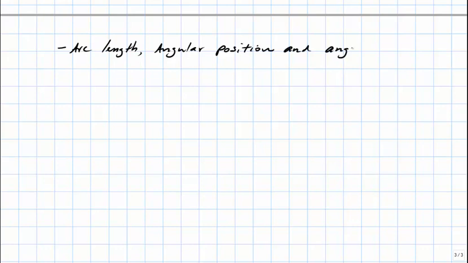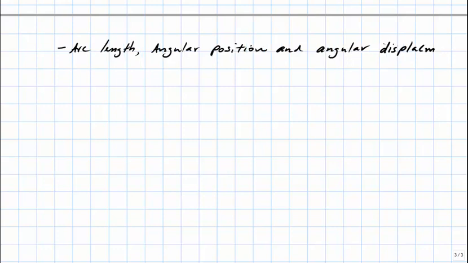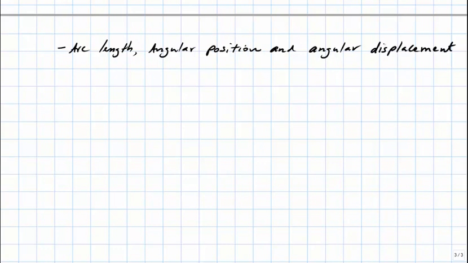We will now define arc length, angular position, and angular displacement. And to do so, we're going to consider the following diagram.